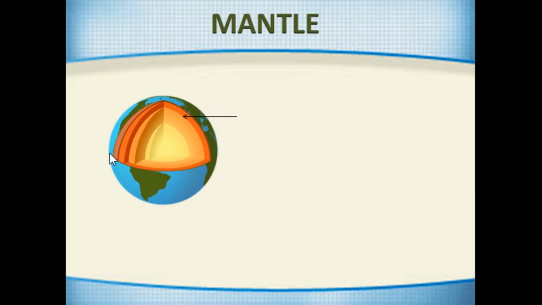So if the red one is the crust, the next one is the mantle. The mantle is mostly composed of silicate rocks rich in magnesium and iron. Volcanic eruptions happen here. That's why volcanoes erupt, because of the presence of the mantle.